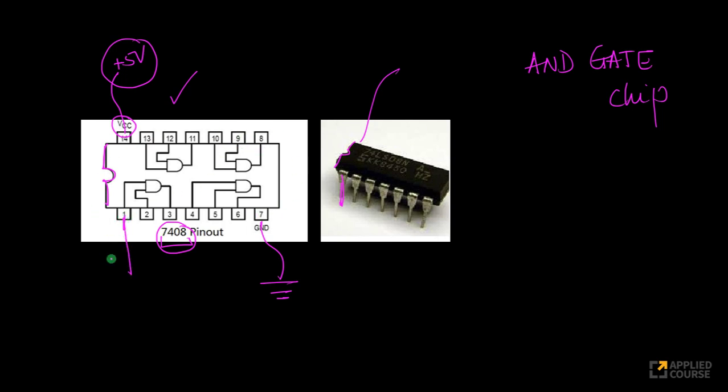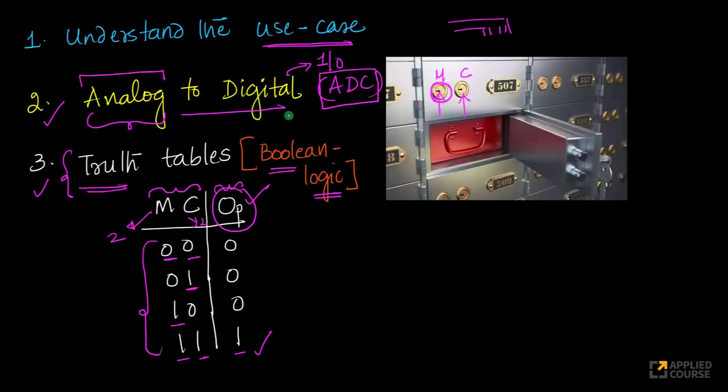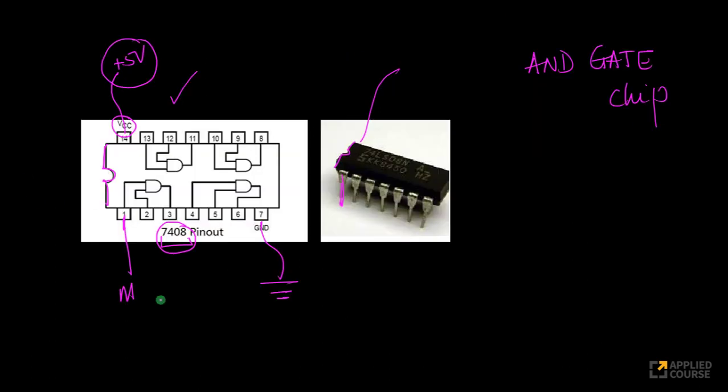Suppose you connect your M here. Remember, your analog to digital circuit translates whatever you have inserted into the key into a digital signal, 1 or 0, 1 for valid key, 0 for invalid key. That digital output, if you insert M here and C here, it converts into digital, so this will send 1, and the output can be obtained by connecting to the third pin here.